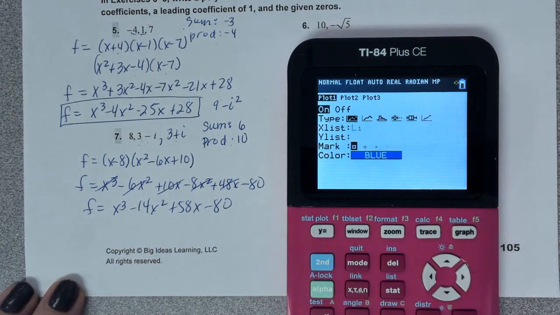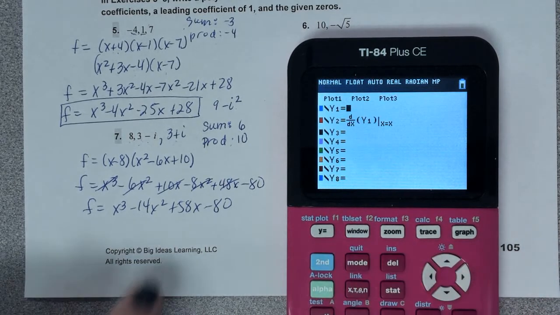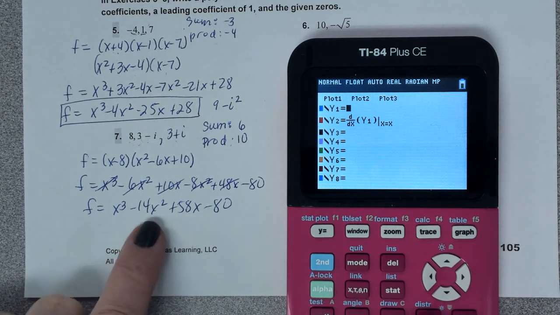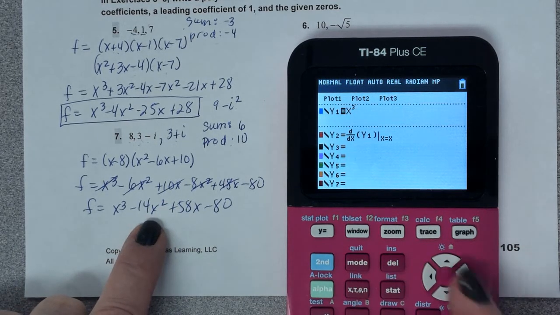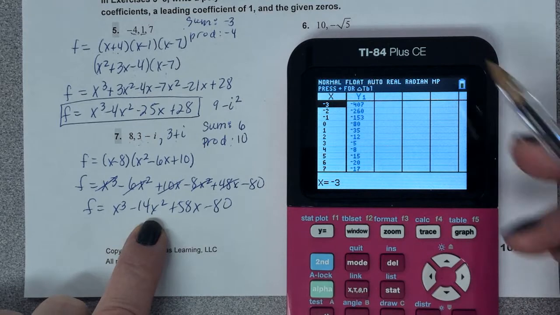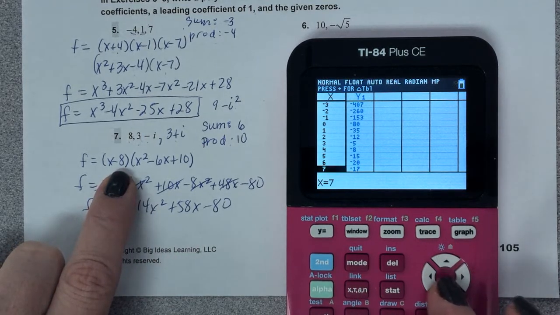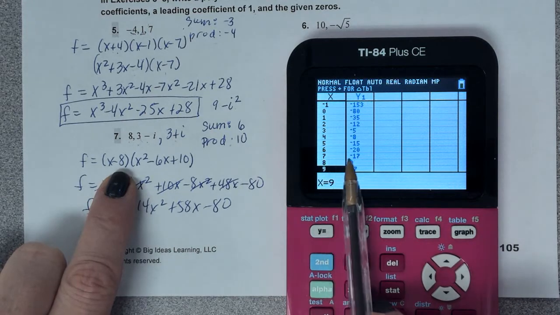It's not going to like these plots being on. And so I'm going to check it. I don't advise you to check these on every single quiz or test we take, but if you have time, it's worthwhile. So all I should see here is a 0 at 8. And I do. I have my 0 at 8.